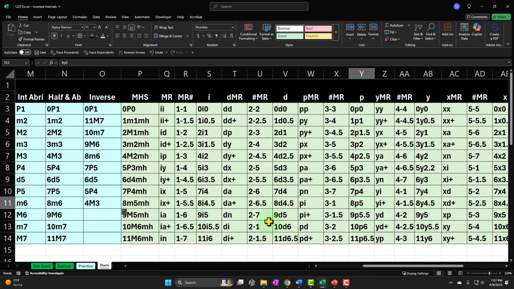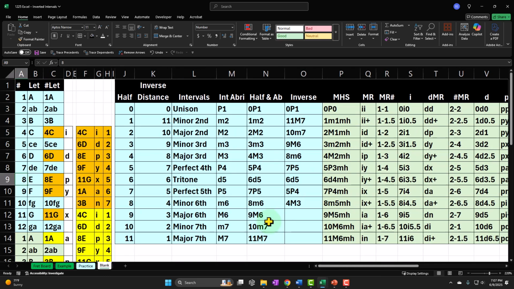And then you would think 7 minus 5 would be 2. And that's close because it's a 2.5. Again, it's not going to be perfect because the inverse is out of the key, but it makes a little bit more sense of what you would expect. And then you're going to say this is going to be a 9 note away major 6. What's the inverse? 12 minus 9, which would be a 3 note away minor third.